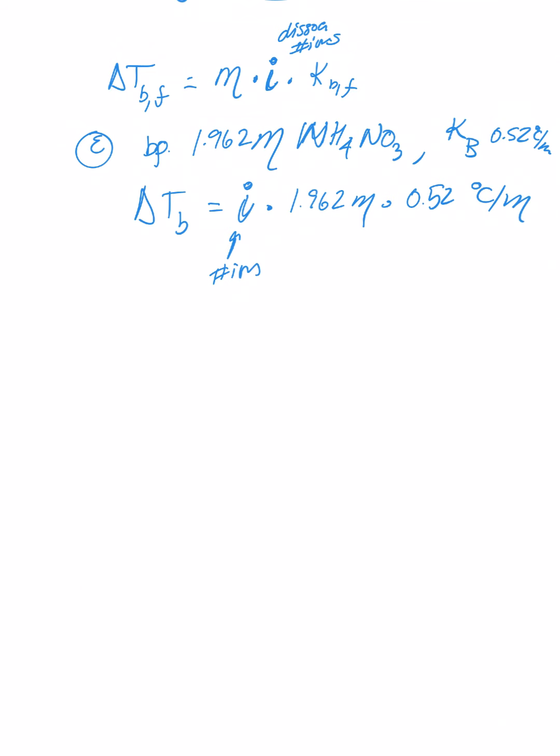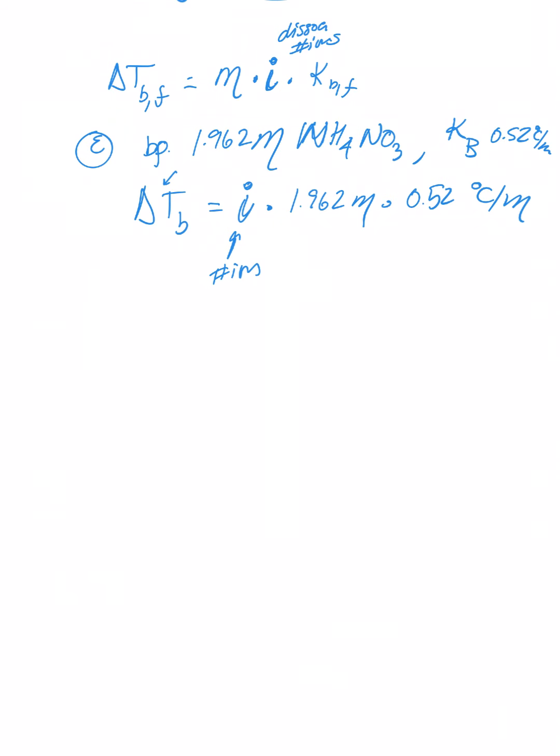So we've got our molality and our boiling point elevation constant, and we're looking for our change, but we also need to find our i. Our i tells us our number of particles in solution.